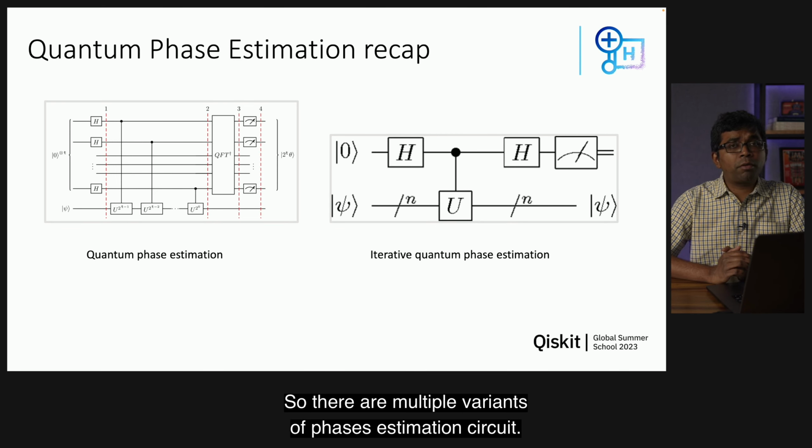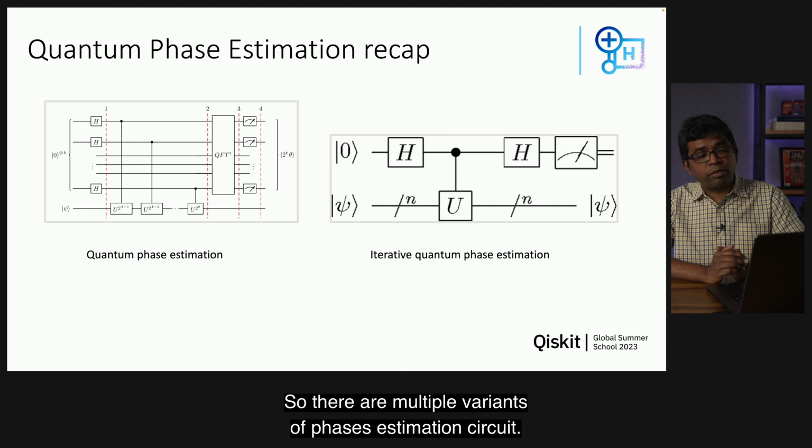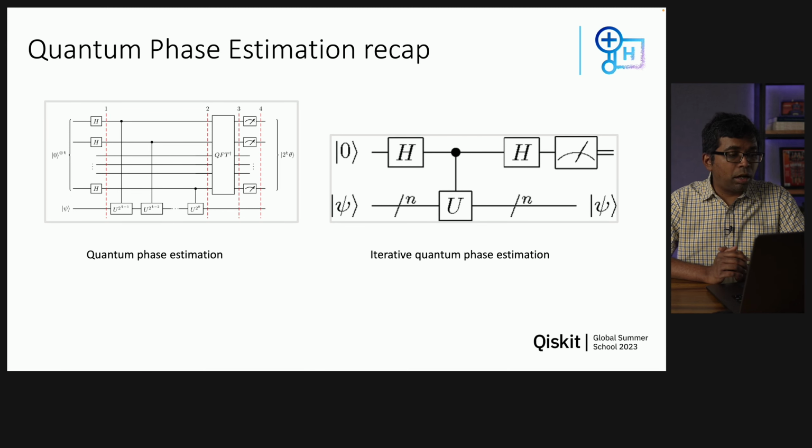There are multiple variants of the phase estimation circuit. One of the most used versions is iterative quantum phase estimation, which was also part of this summer school. And the circuit on the right hand side is for that algorithm. The theory of the circuit is exactly the same, although there are some nuances about performance and complexity analysis.